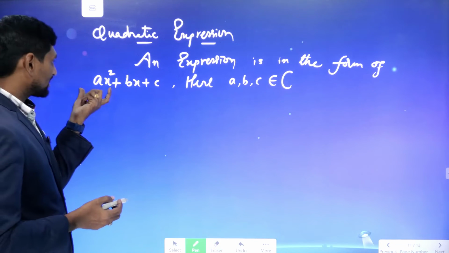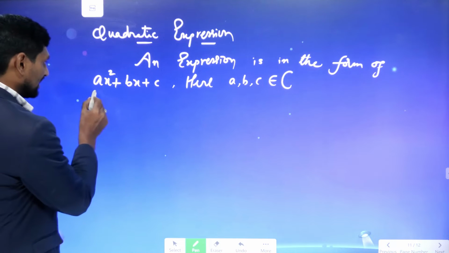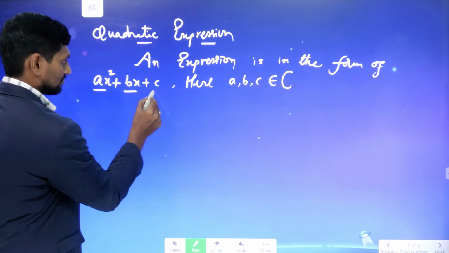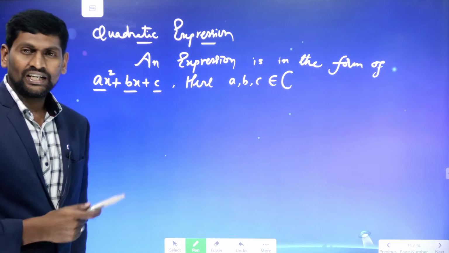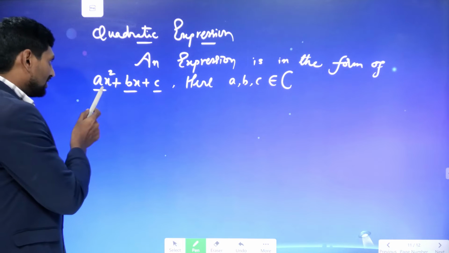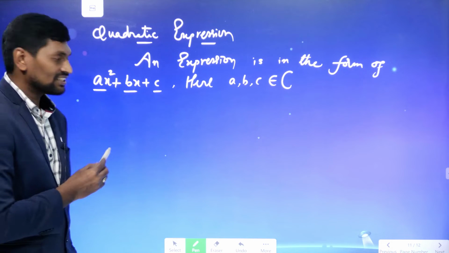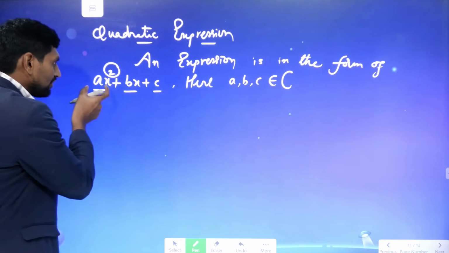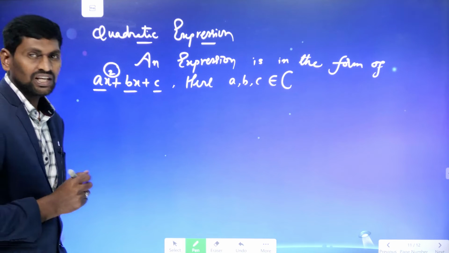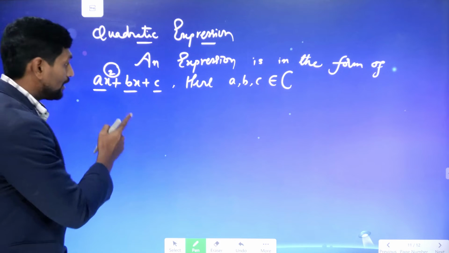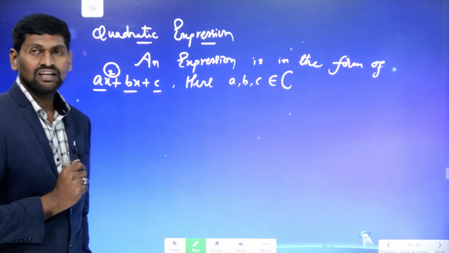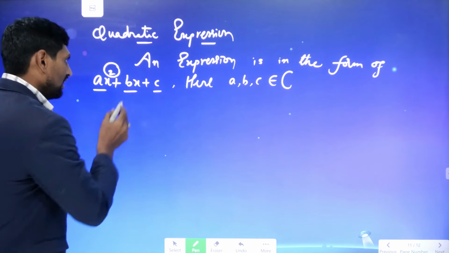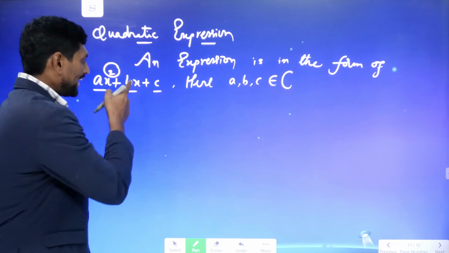So here ax square plus bx plus c contains 3 terms. In the first term we have the variable x and its exponent is 2. So the degree of the first term is 2. In the second term also we have x as a variable and there is no exponent here.